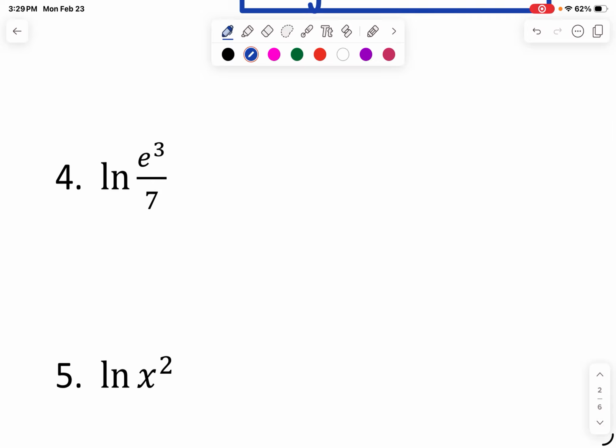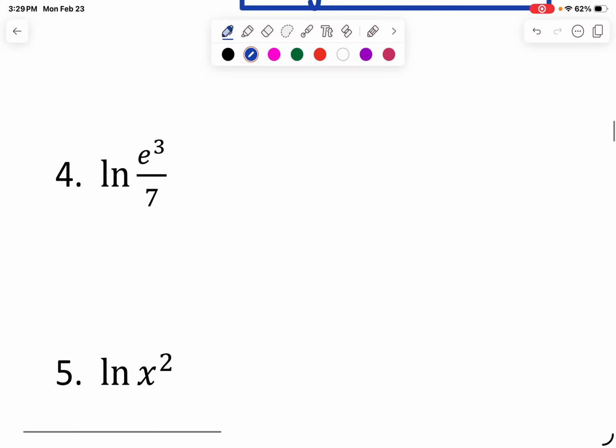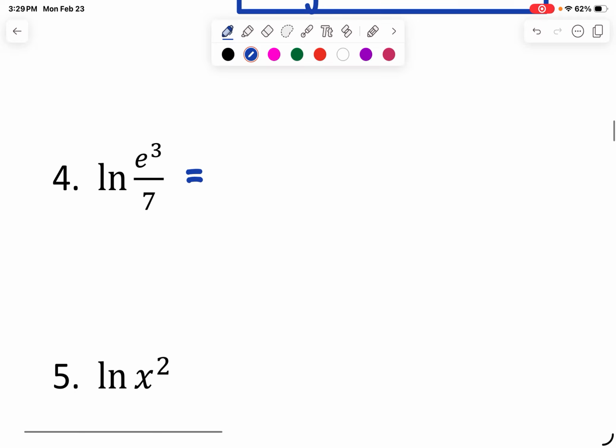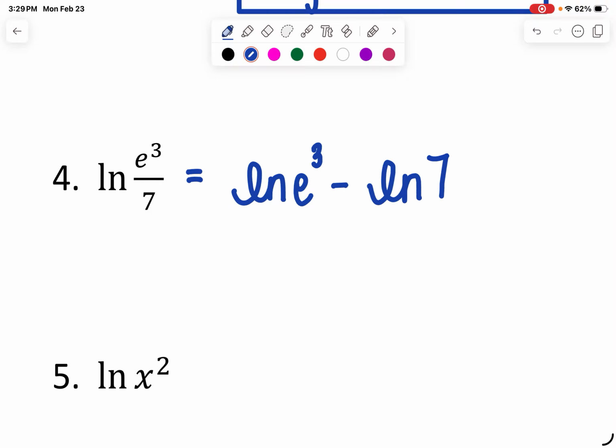All right, this one. I have no multiplication in my numerator, no multiplication in my denominator, but I do have division here. So I'm going to turn this into 2 logs that I'm subtracting. So I have natural log of e to the 3rd power minus natural log of 7.